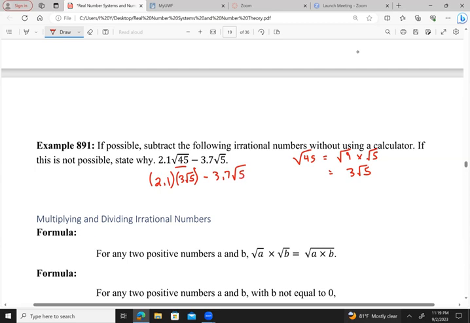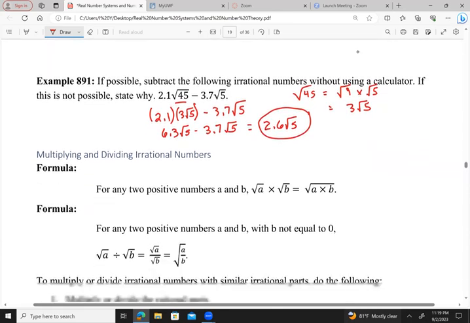So now I multiply my 2.1 times 3. I get 6.3 times the square root of 5 minus 3.7 times the square root of 5. And that gives me 2.6 times the square root of 5.